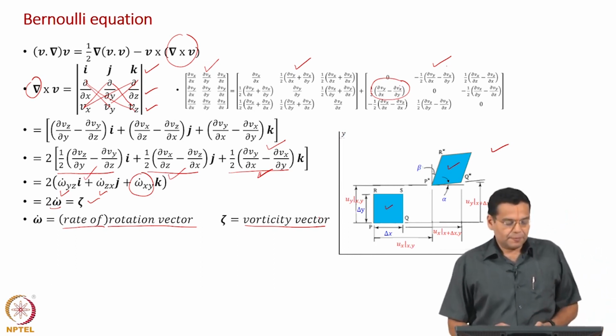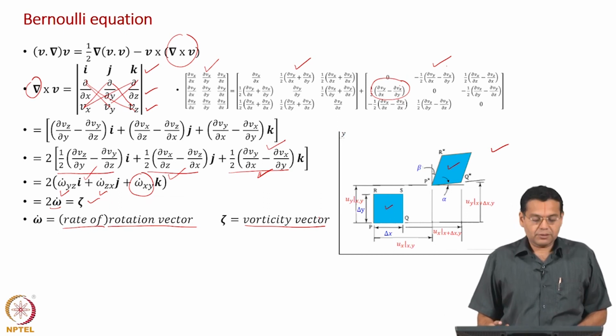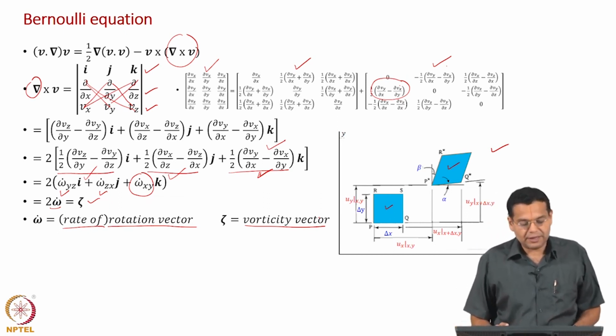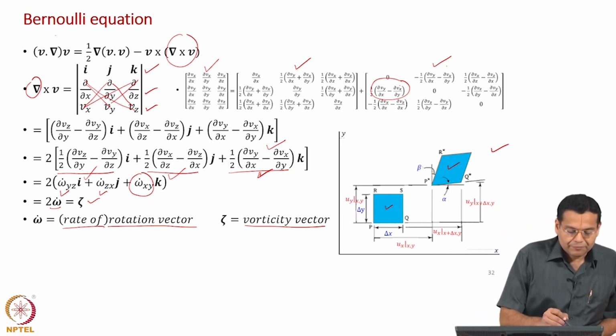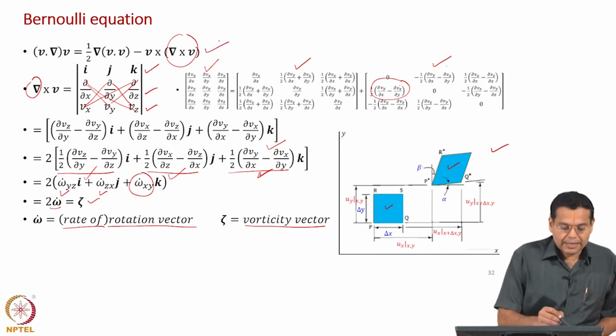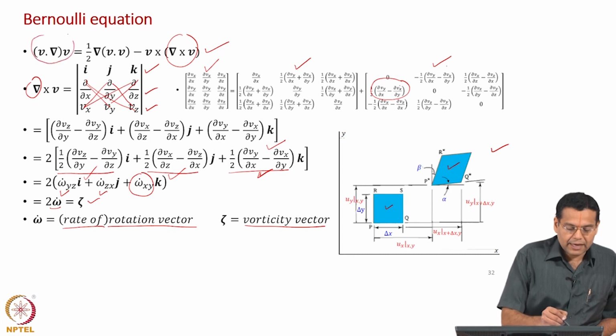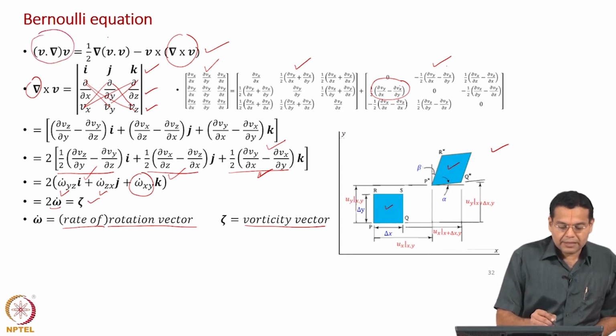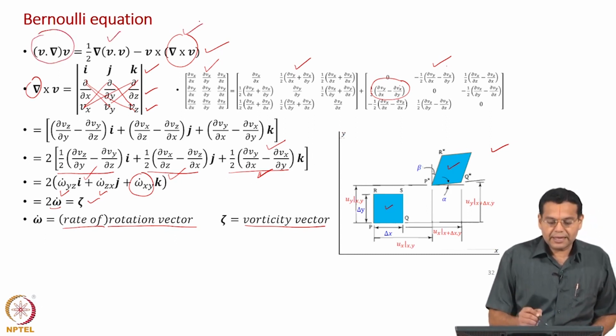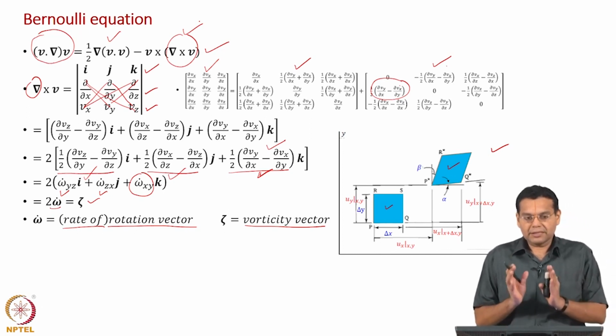To summarize what we have discussed so far, we used this vector identity and expressed the convective acceleration term as a sum of two terms. In that we had one del cross V term.